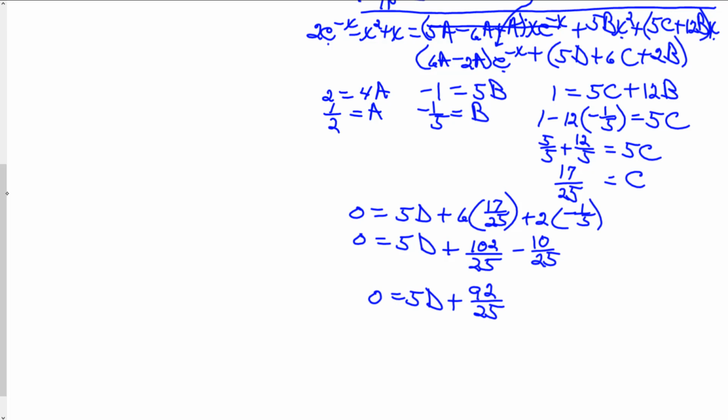Right, and solving for d, then negative 92/25 equals 5d, and then dividing by 5 will give us the value of d. Now I worked this without a calculator, so let's go back and check to make sure that we don't have any sign errors along the way, because I did get -62, so I may have an arithmetic error here.